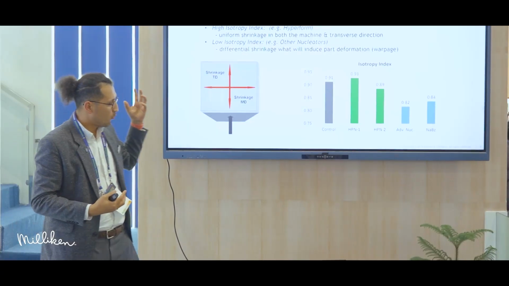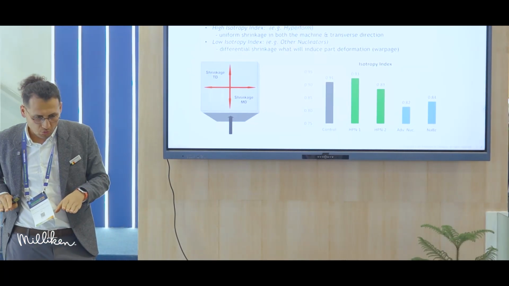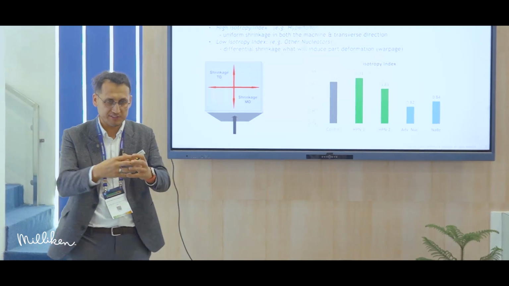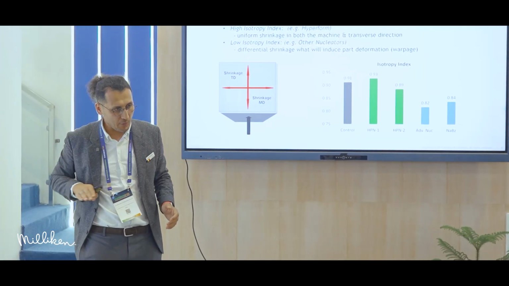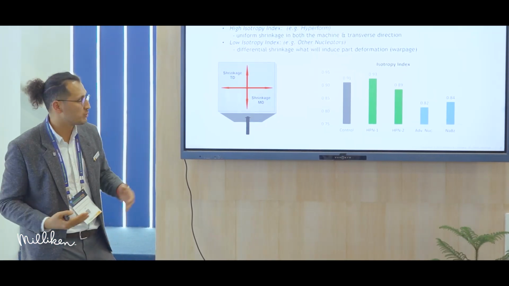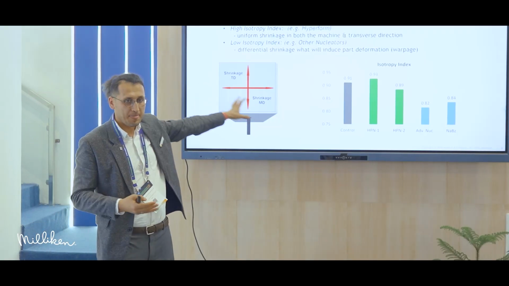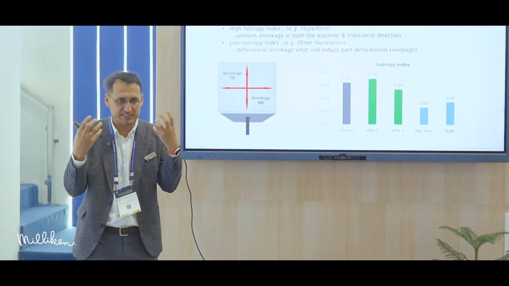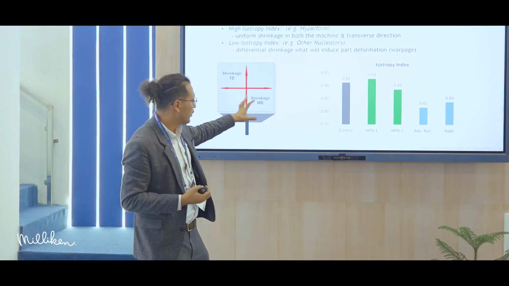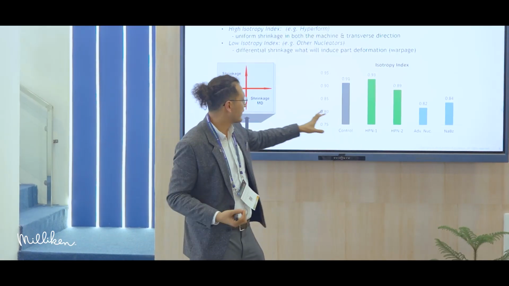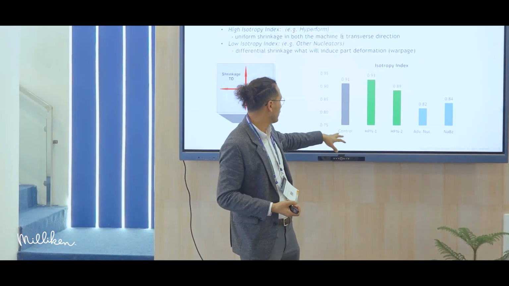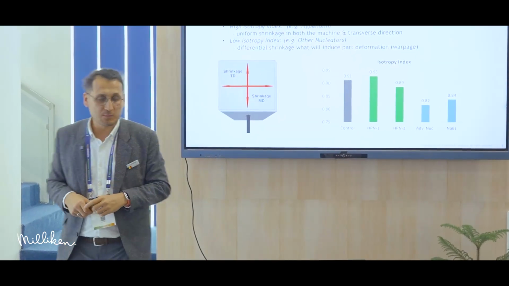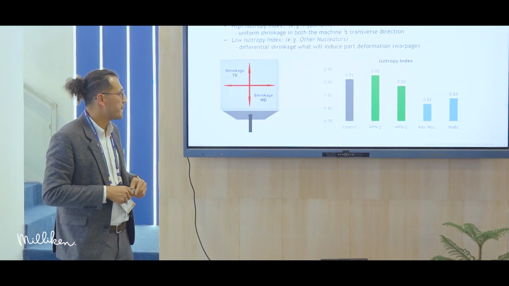But with the nucleator, because we control the crystal growth and the crystals start to grow in a certain direction, not only is the size different, the direction is different. So we were able to say it shrinks less in the machine and cross-machine direction, and both directions shrink a little bit similarly. So compared to control, our shrinkage is very comparable in terms of isotropic shrinkage.